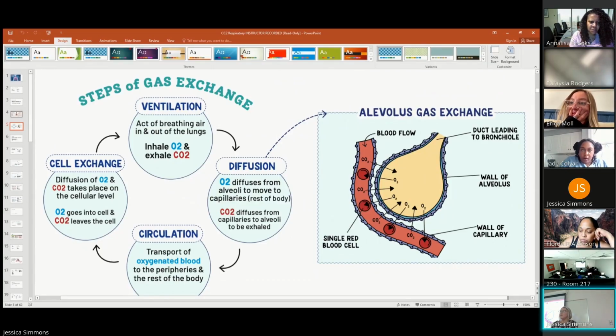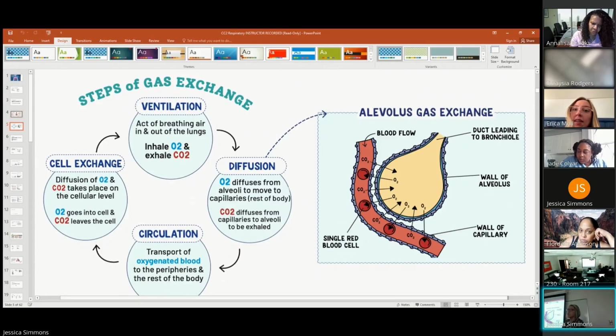Okay. And then we have the circulation where our body transports that oxygenated blood all the way up to the brain, to our vital organs, to the rest of our body. Okay. And then at the end, well, it's really just a continuous circle, is cell exchange. The diffusion of oxygen and carbon dioxide takes place on a cellular level.